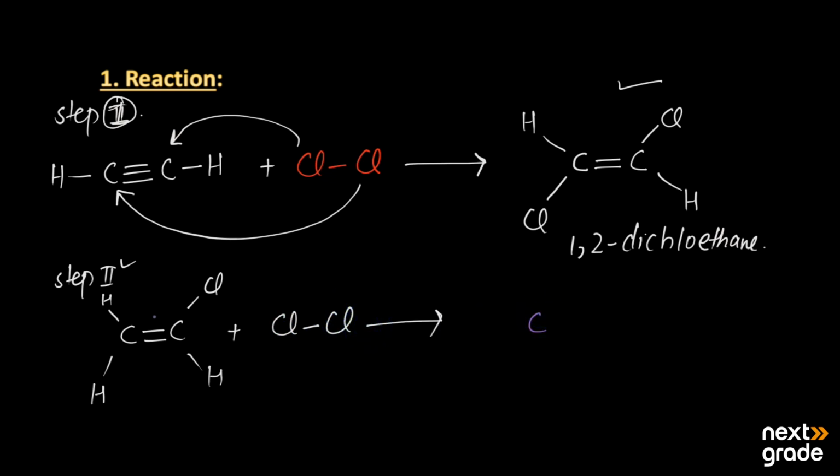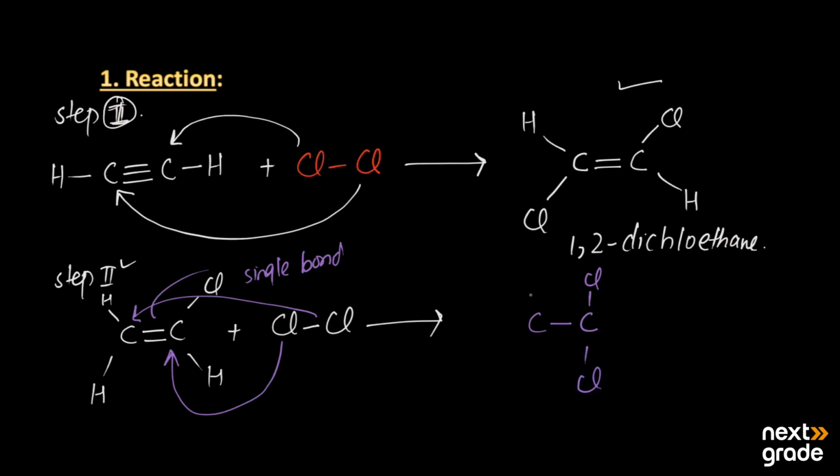Now this double bond is converted into a single bond, and one chlorine is added to carbon number 1 and the other chlorine to carbon number 2, and we have the product with two chlorines on carbon 1, two chlorines on carbon 2, and the two hydrogens. The name of this product is 1,1,2,2-tetrachloroethane.